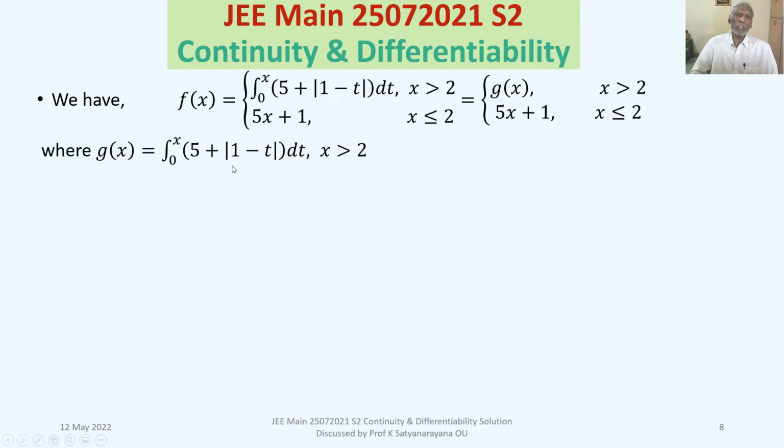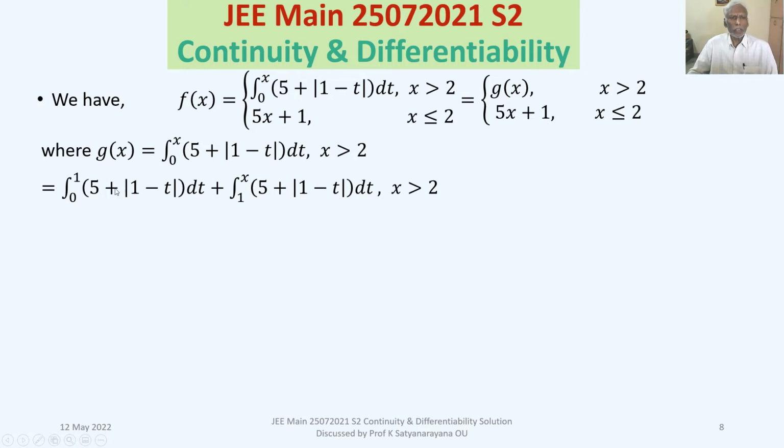While varying, t crosses 1 also. So, therefore, this is to be broken into two pieces, because when t crosses 1, mod of 1 minus t takes different values, and that is why we write it as the integral from 0 to 1 of 5 plus mod of 1 minus t dt plus the integral from 1 to x of 5 plus mod of 1 minus t dt, when x is greater than 2.